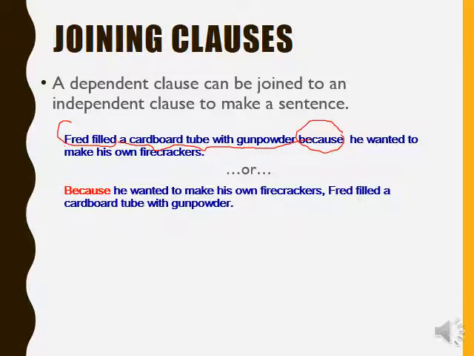We can also write it in a different way. We can start with the dependent clause, okay? "Because he wanted to make his own firecrackers, Fred filled a cardboard tube with gunpowder." So you can write it in both ways. You can start with the dependent clause and then the independent, or the opposite.